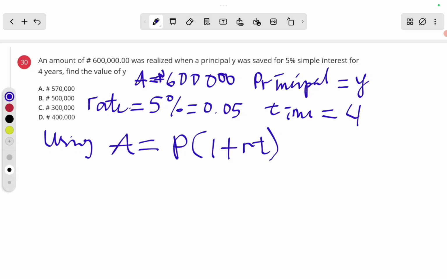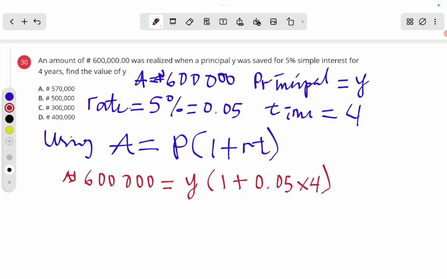So we substitute all the values into the given formula: our A is 600,000 equals P, which is Y, times 1 plus 0.05 times 4, which is T. If I calculate this, I'm going to have Y into the bracket of 1.20, and we still have our 600,000.